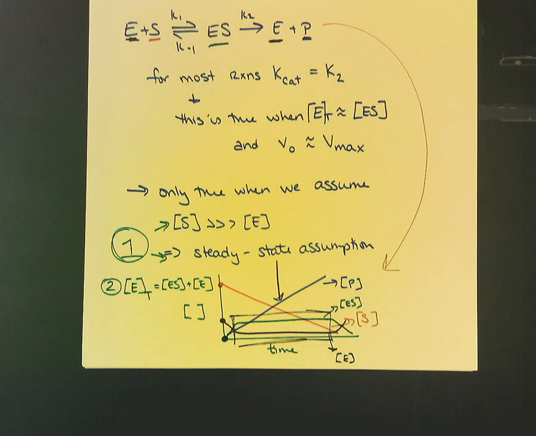It's either free or it's bound up with one substrate. There's only 2 kinds of enzymes. One is doing chemistry and one is waiting for a substrate. And together, they add up to the total enzyme concentration.